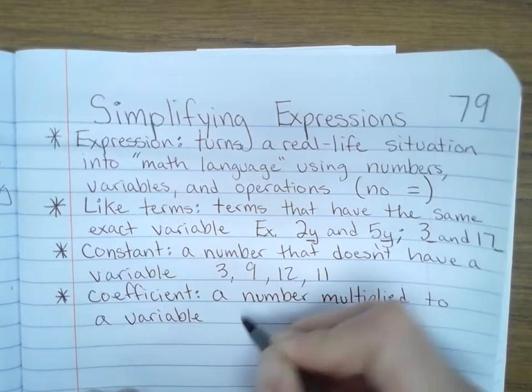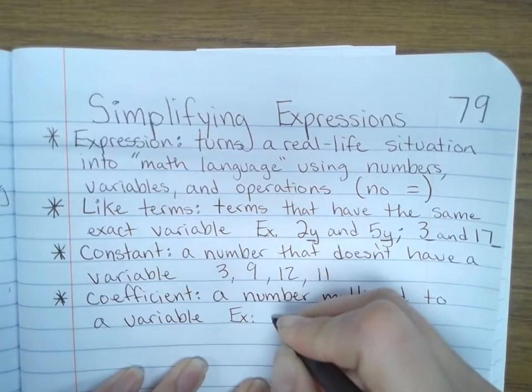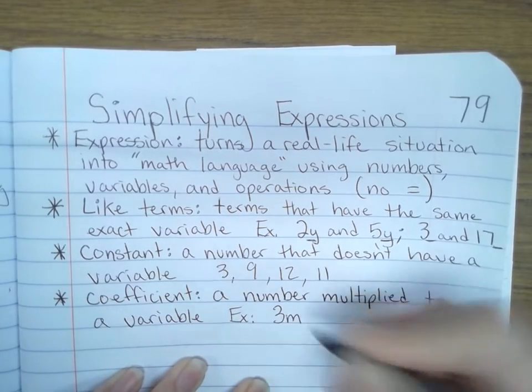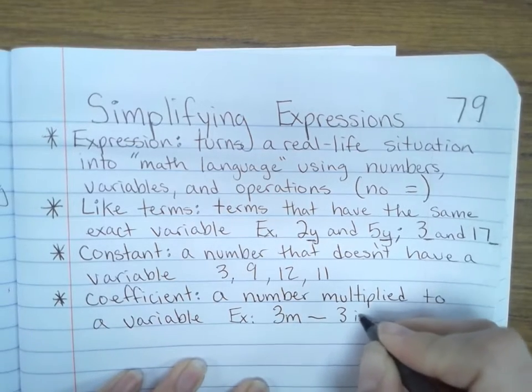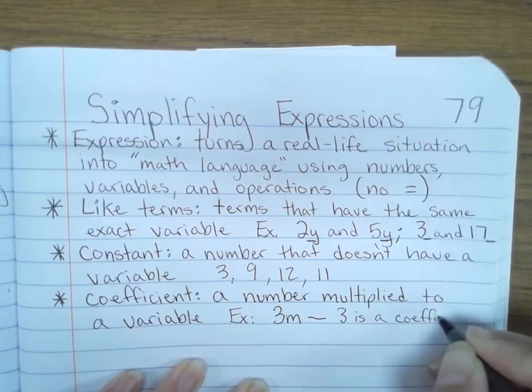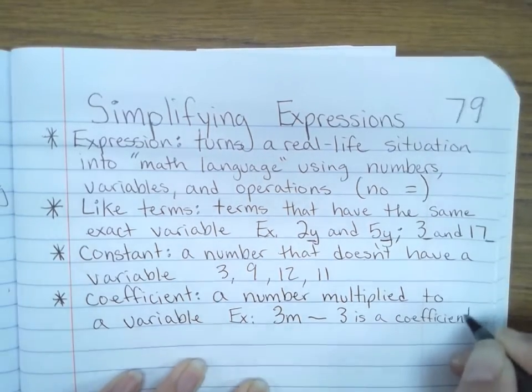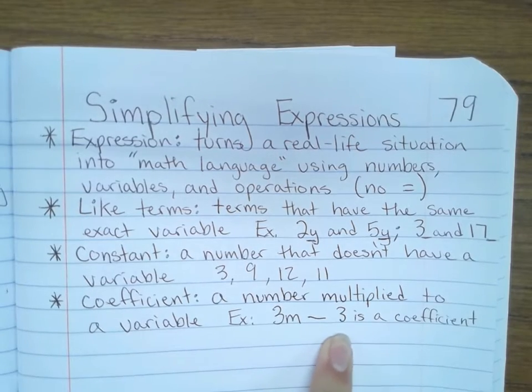Examples: in the term 3m, 3 is a coefficient. Not 3m. 3m is just a term, but 3 is the coefficient. It just tells you how many m's you have.